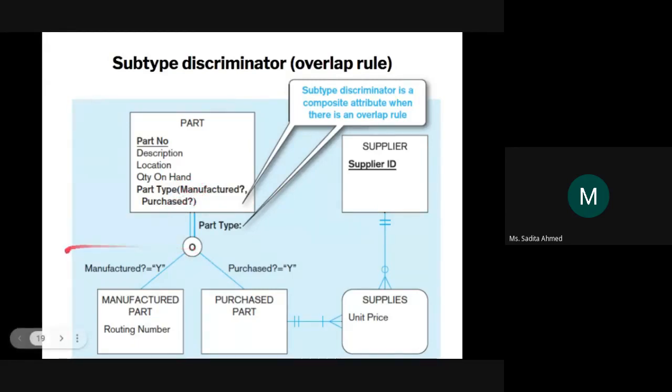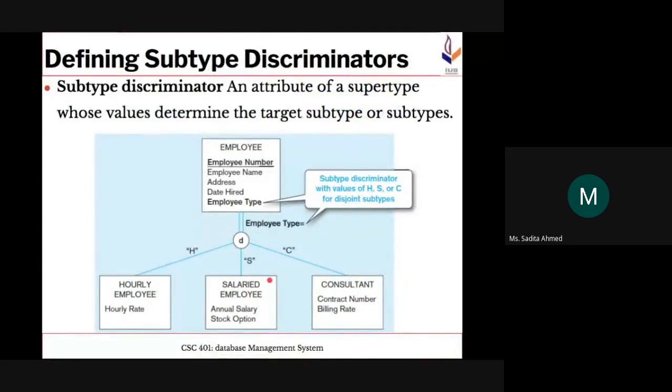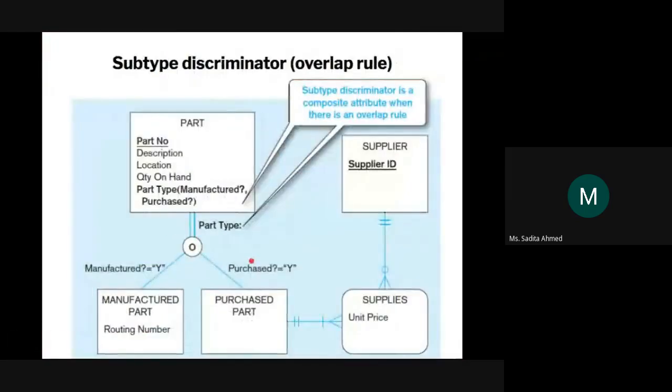All right, also remember that the subtype discriminator's values are also a part of the notation. The values must be given here as labels, like H, S, C. Similarly here as well, manufactured question mark is equal to y, and there should also be a /n, whether the value is y or n.